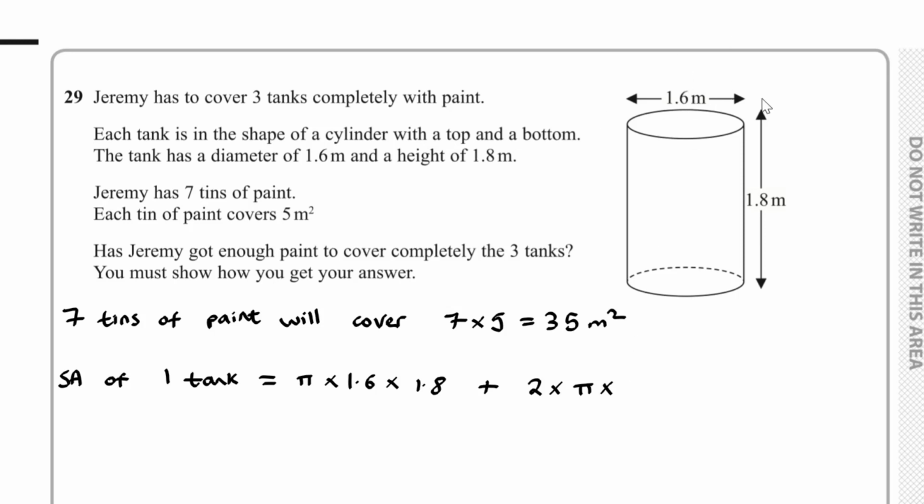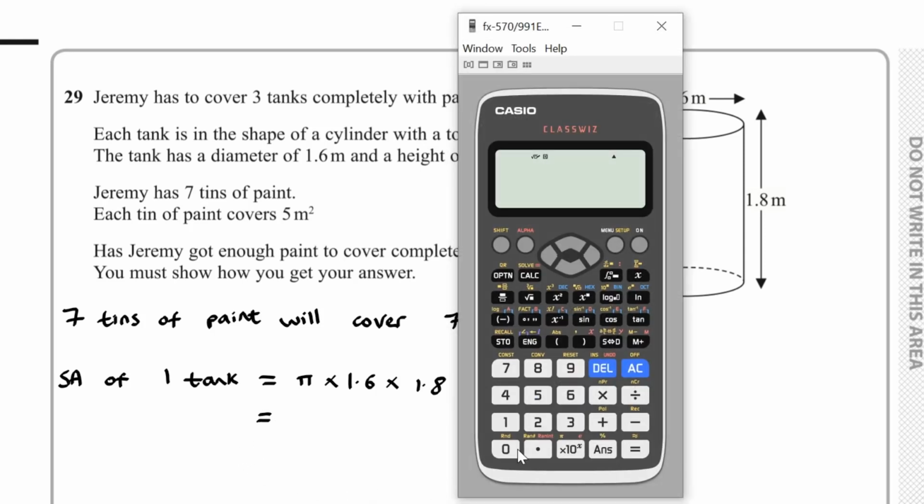Now if the diameter is 1.6, half of 1.6 is 0.8. So we have this for our surface area. So we have over here pi times by 1.6 times by 1.8 plus 2 times by pi times by 0.8 squared. It turns out here we get 13.06 etc.